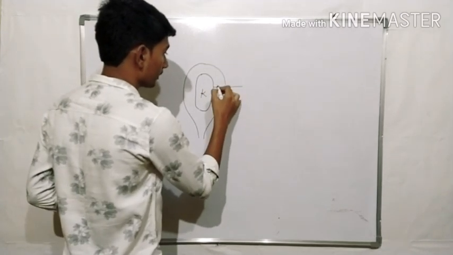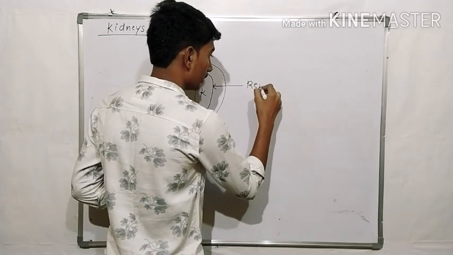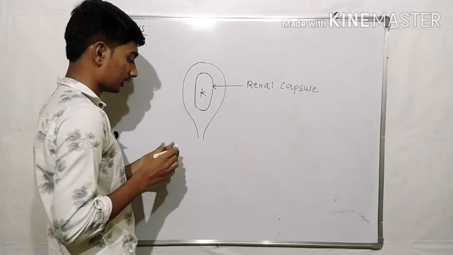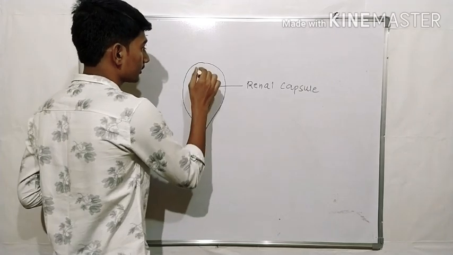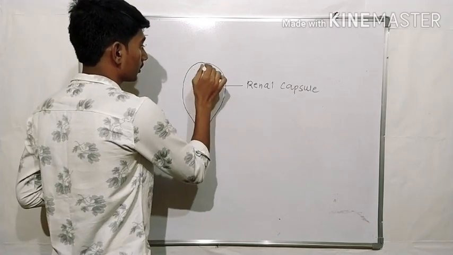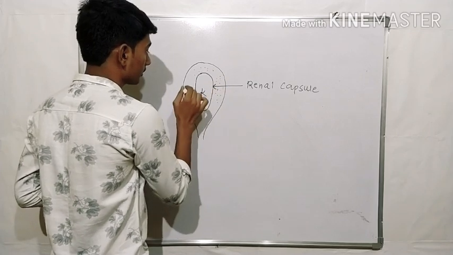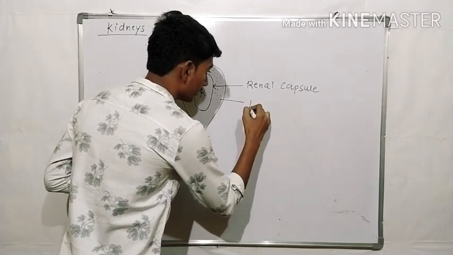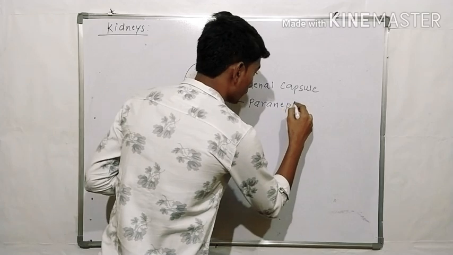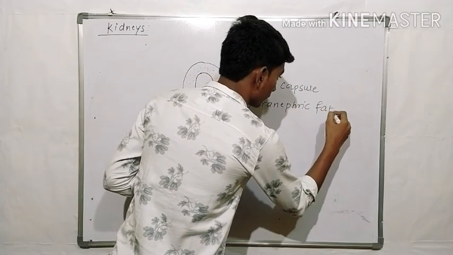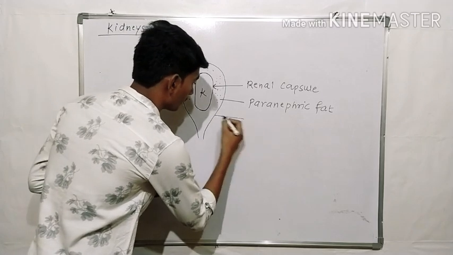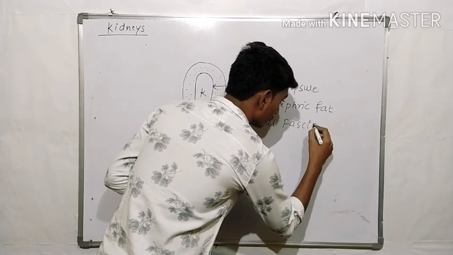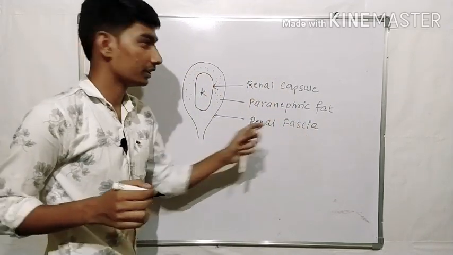This one is the renal capsule, and here this is the paranephric fat, and this outer covering is known as the renal fascia.